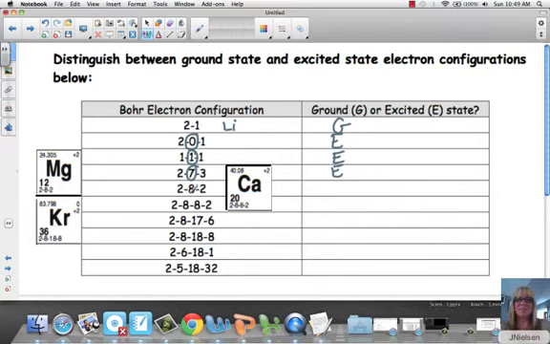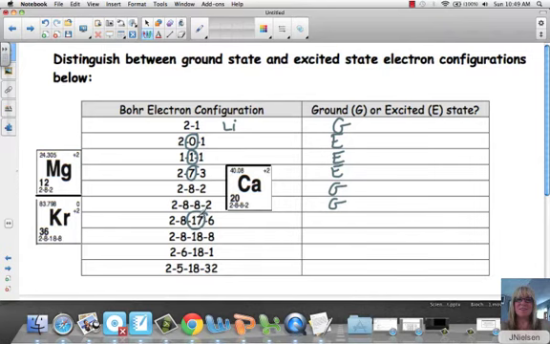2,8,2, we can find that on the periodic table. That's magnesium, so this is going to be ground. 2,8,8,2, we can find that on the periodic table, so this is going to be ground. 2,8,17,6, remember, the first can hold 2, the second can hold 8, the third can hold 18. So that's excited.